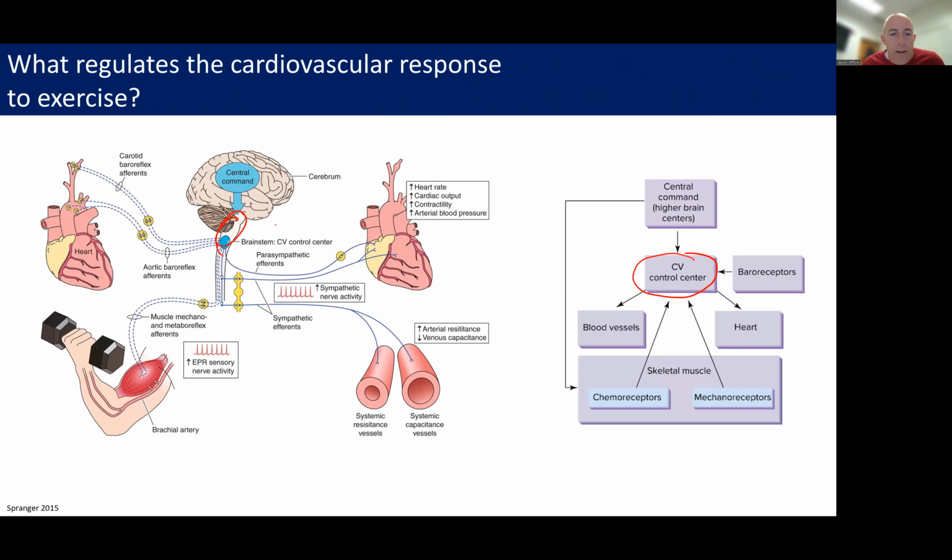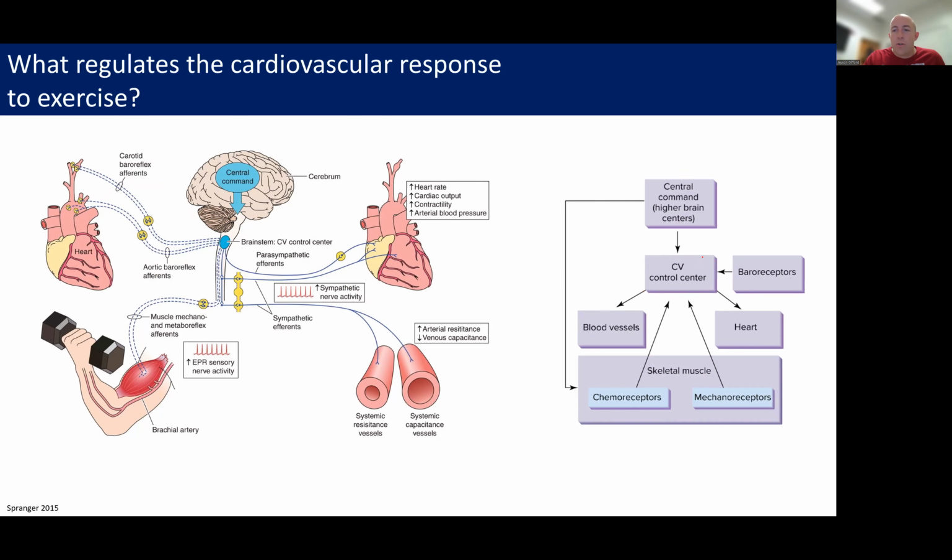And it's going to integrate signals from all over the body, signals from the heart, signals from the exercising muscles, signals from the arteries, signals from just all over the place, right? Signals from the upper brain saying, hey, it's time to exercise. They all converge down on that cardiovascular control center and basically are raising or lowering the membrane potential towards threshold to increase sympathetic activity, or away to decrease sympathetic activity or parasympathetic activity.